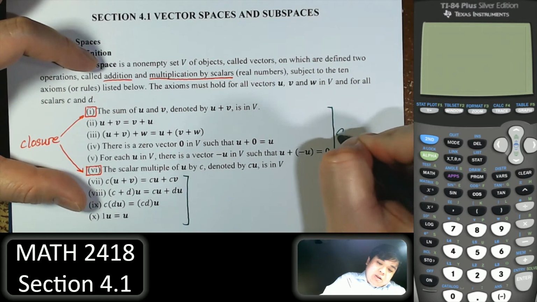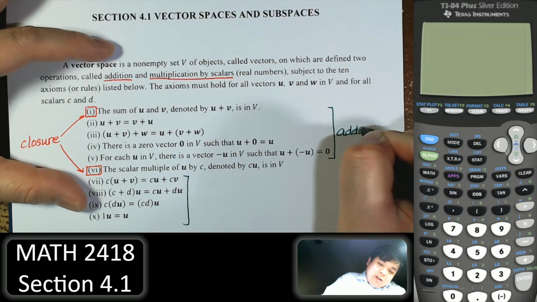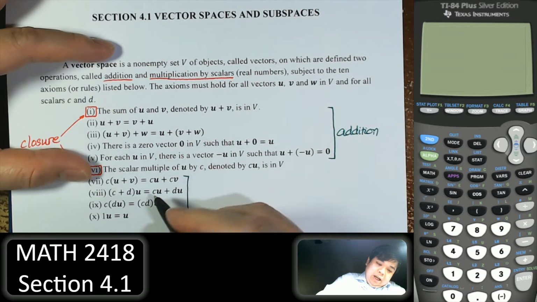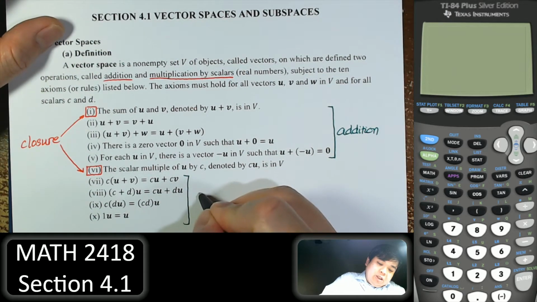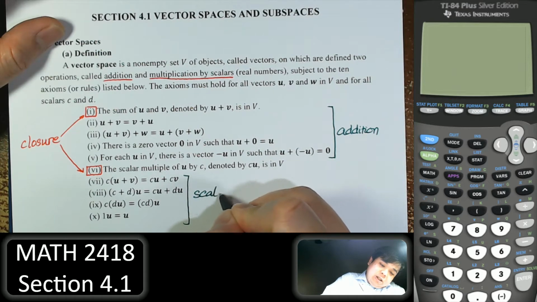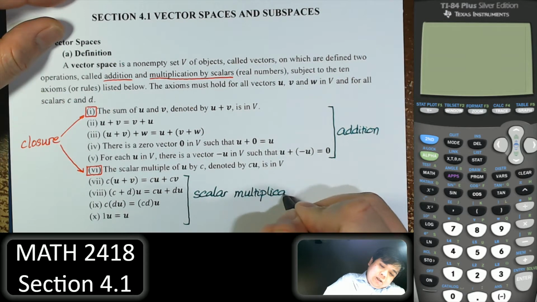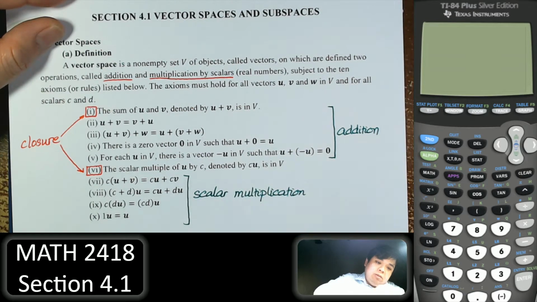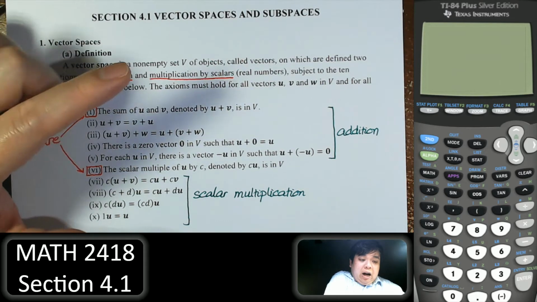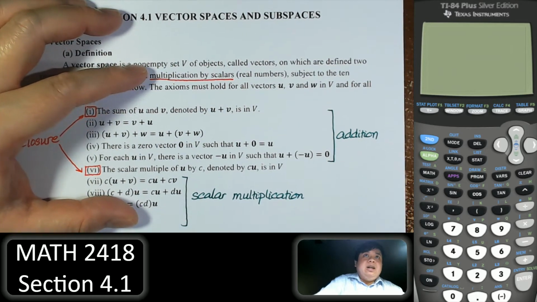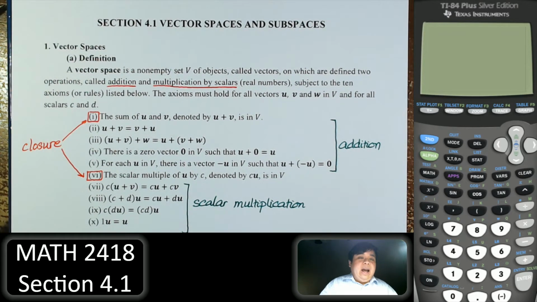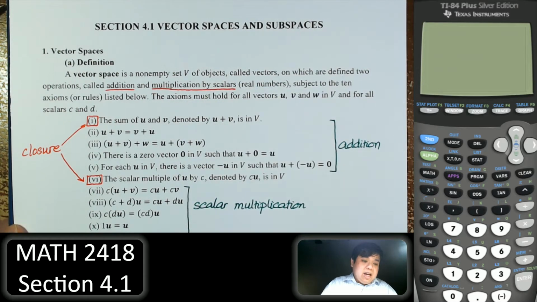So this is from addition, and this is for scalar multiplication. Now, any non-empty set that has all 10 of these axioms is called a vector space.